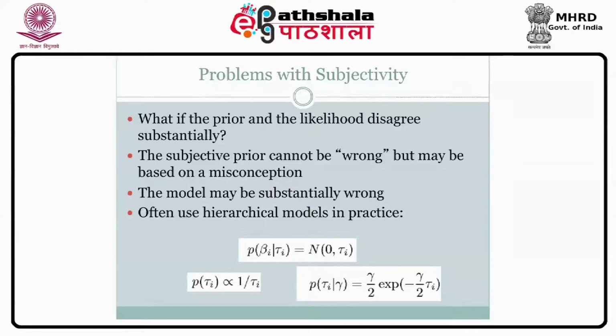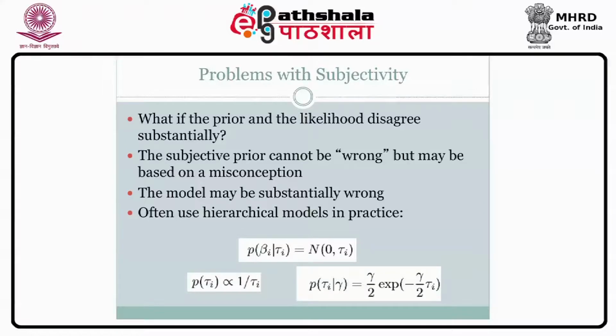I'm not saying that the person who believes in a certain prior for theta is really wrong, but it is based on some misconception he or she has got through some experiment or elsewhere. The model may also be substantially wrong, the model that has been taken for the likelihood function.